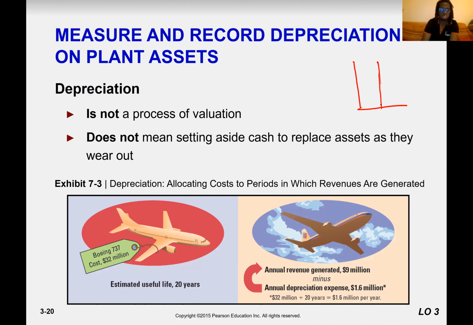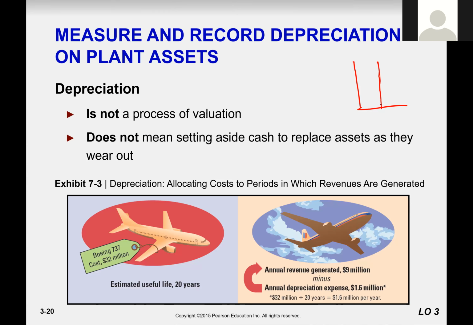For example, in the financial crisis of 2008, the housing market collapsed, and the value of property and land decreased a bit, and after that it recovered again, but the value of buildings goes down.